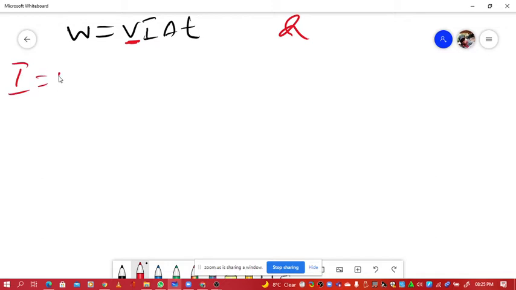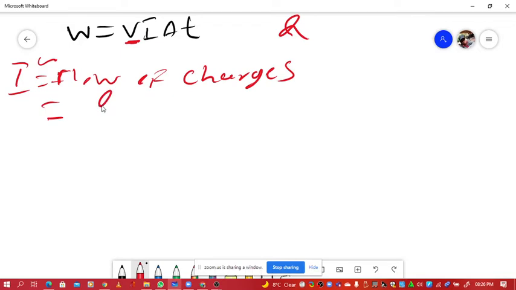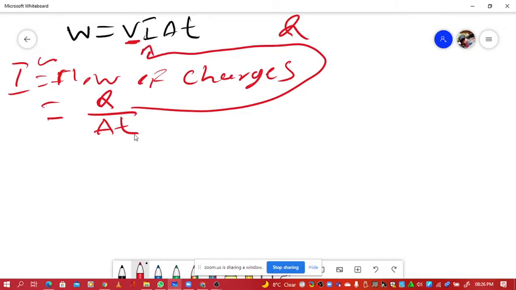Current is the rate of flow of charge. When electrons move, they create what is called an electrical current, the flow of charge from point A to point B. That is current. So current is the rate of flow of charge, that is Q over T. So when we see I, we replace it with this here.